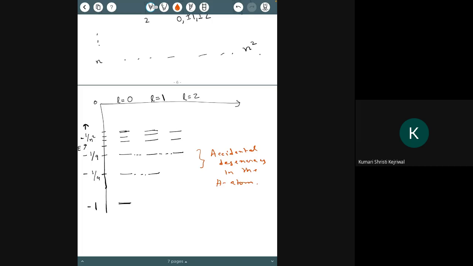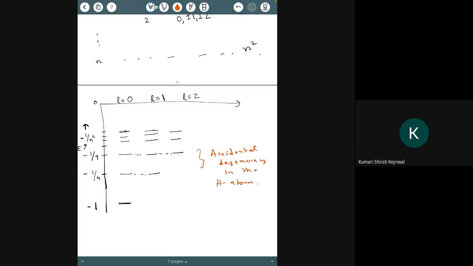Get my point? So this is an interesting thing. In fact, if you do another problem which is quite close to a hydrogen atom, let's say something like a spherical infinite well, so a sphere inside which the potential is 0 and outside which it is infinity, so a particle confined to a sphere, there also you will not see this degeneracy.